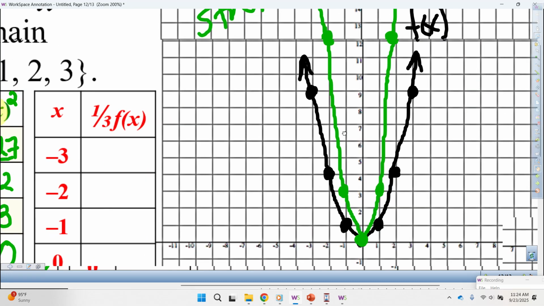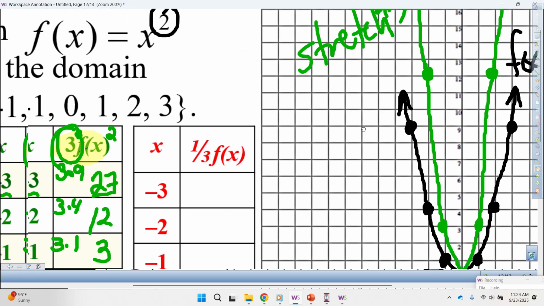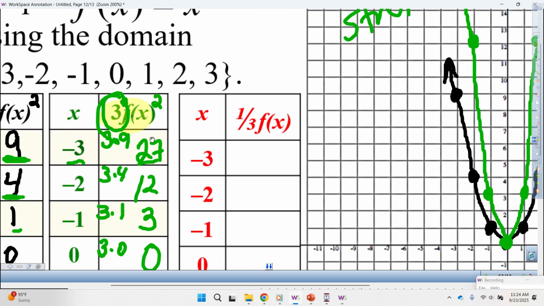Next, what is the y value here for these 2 points? 9. And what are the points that are completely off the grid? They are at 27 because it's by 3. All right. So question. Look up.